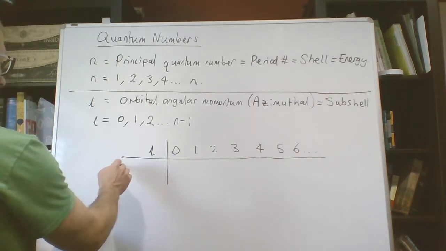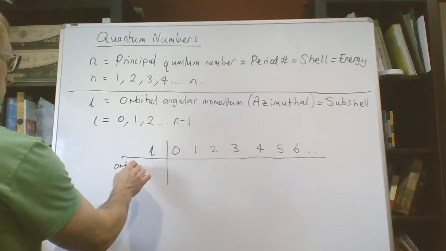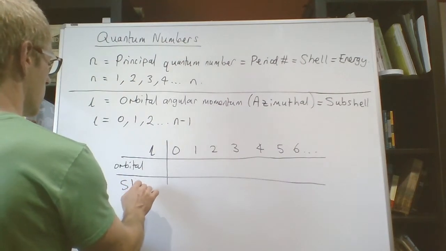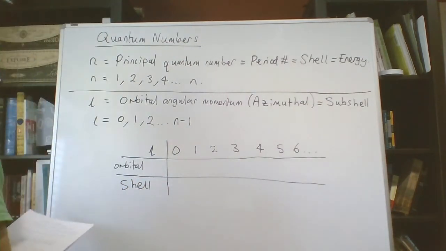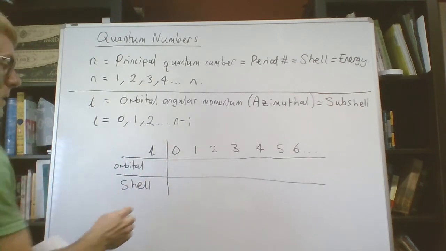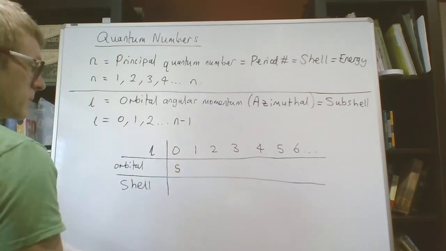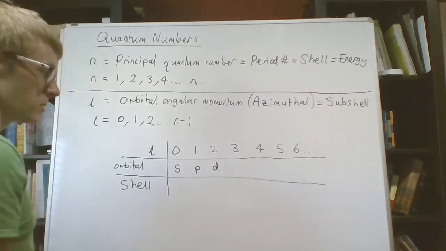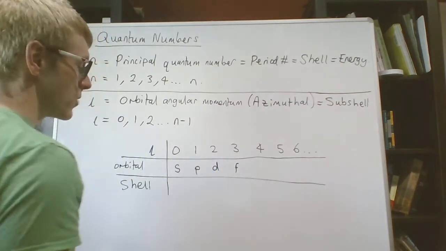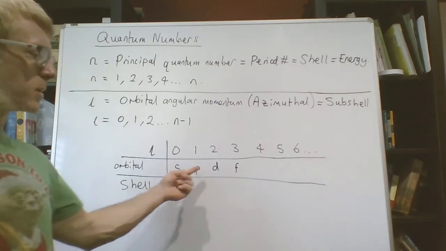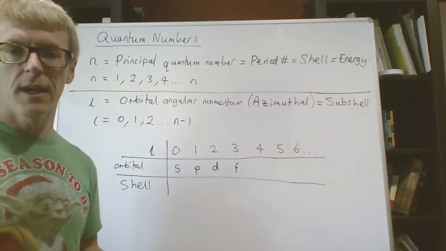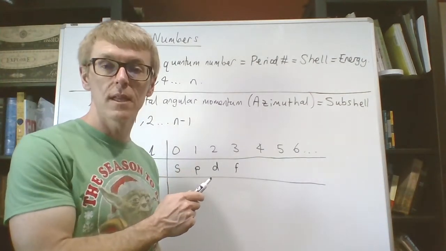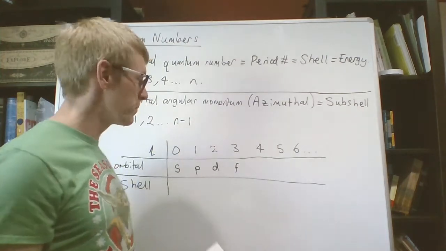If we look at the orbital, and then finally we're going to look at the shell, then we see that the orbital for an L value equal to 0 is an s orbital. P has an L equals 1, D has an L equal 2, F has an L equal 3. And these are the s, p, d, and f orbitals that we're used to in the periodic table. If you recall the structure of the periodic table, you have the s, p, d, and f blocks in the periodic table, and this is where they come from.